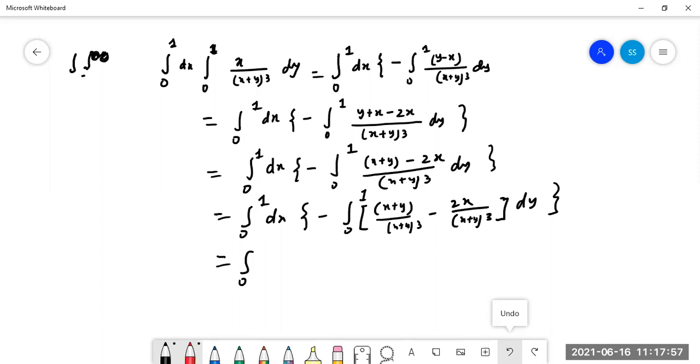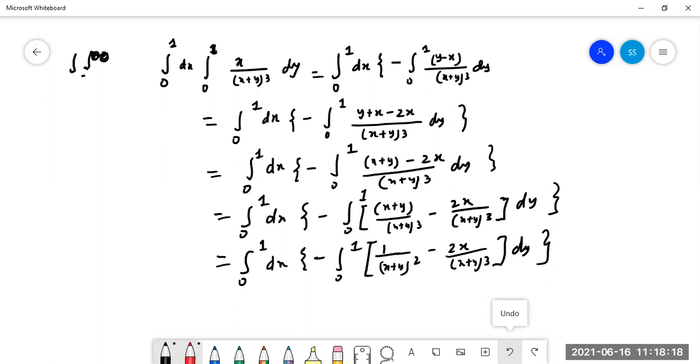So from here 0 to 1 dx minus integration 0 to 1, 1 cut, so 1 by (x plus y) whole square minus here 2x by (x plus y) whole cube, whole thing dy. Clear? Is it clear? Yes, sir. Okay, then we are going for the PDF.